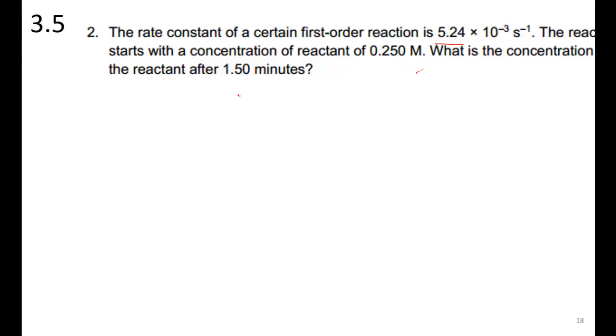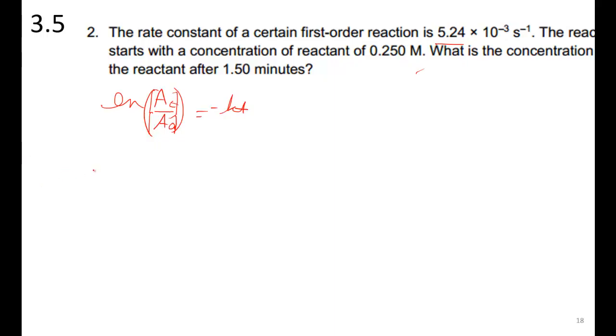Okay. Alright, so this is a first order reaction, so I'm going to use my integrated rate law, and I like this version. The natural log of A_t over A_0, and these are concentrations, is equal to minus KT.